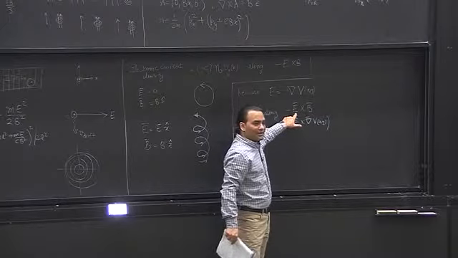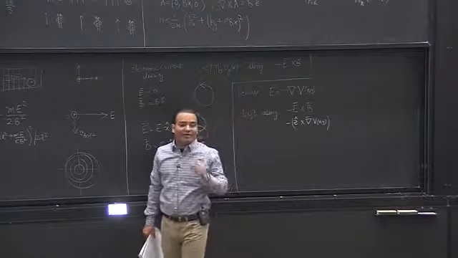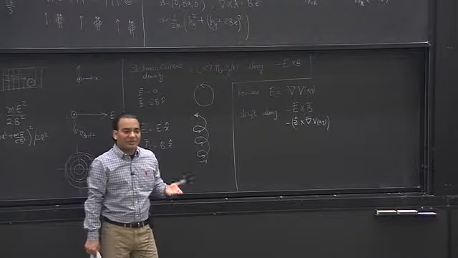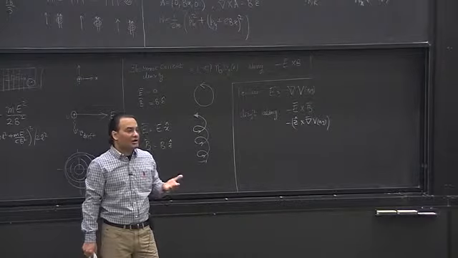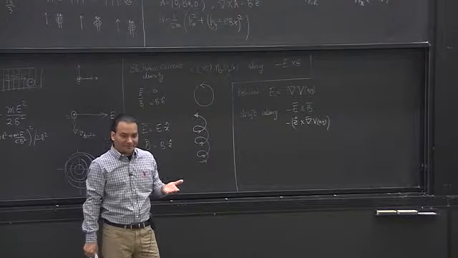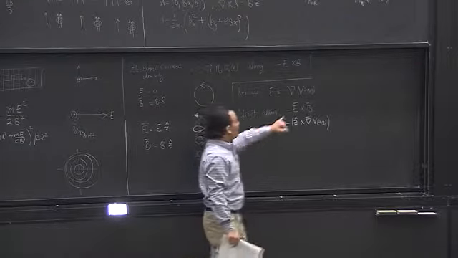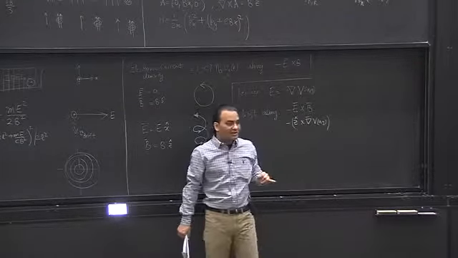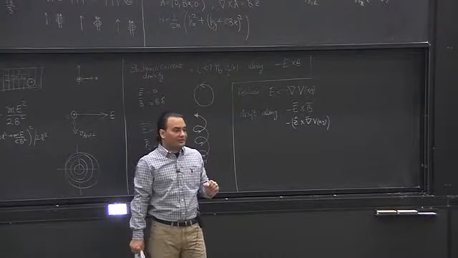But the drift should be perpendicular to the electric field. We know contours that are perpendicular to electric field are the equipotential contours, or equipotential lines. So equipotential lines corresponding to this potential will be the direction of drift.